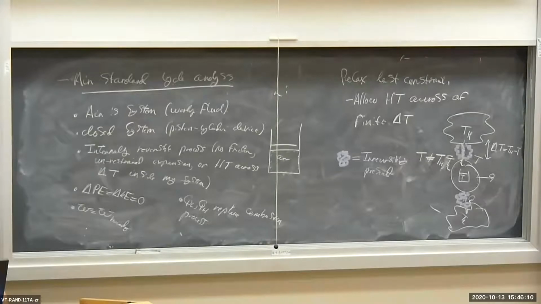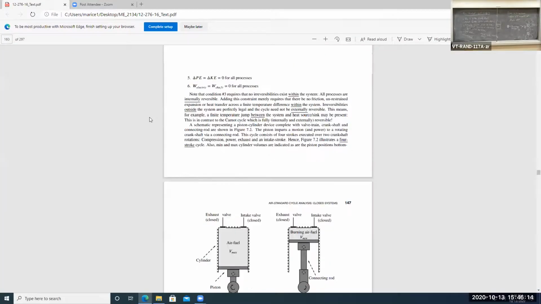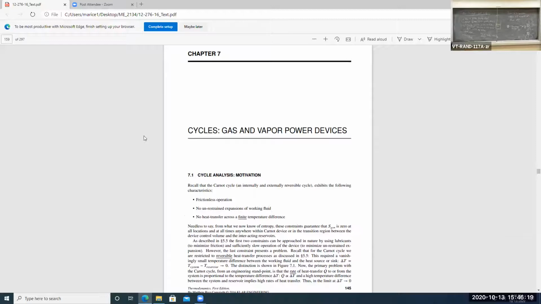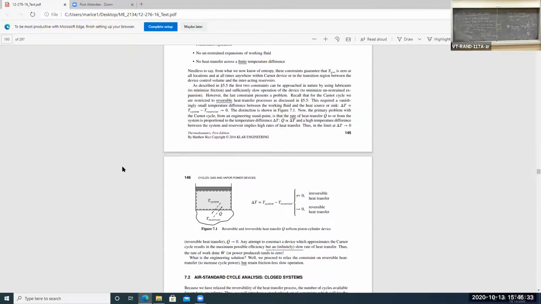So let's go to the notes here. Chapter 7 on gas, we'll talk about vapor power cycles. We're going to deal with ideal gas. Oh, I forgot to put it on the list here, but we're going to assume ideal gas behavior for all of our analysis as well.